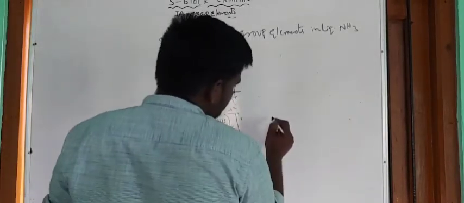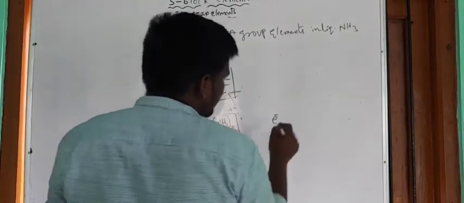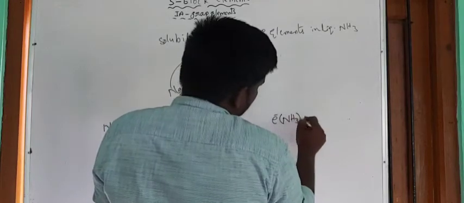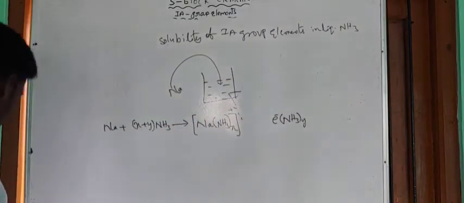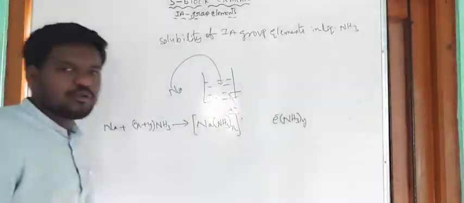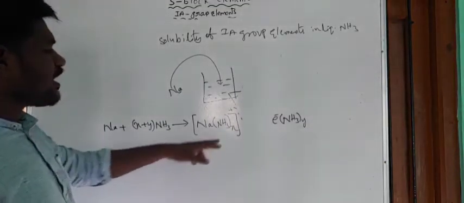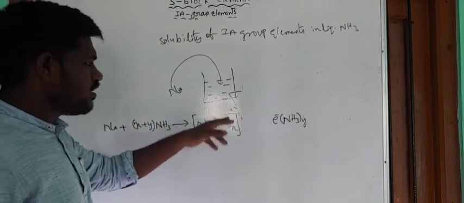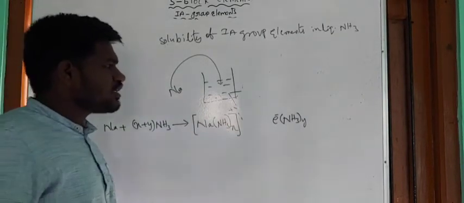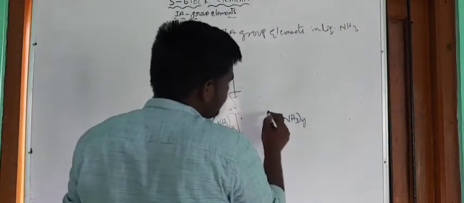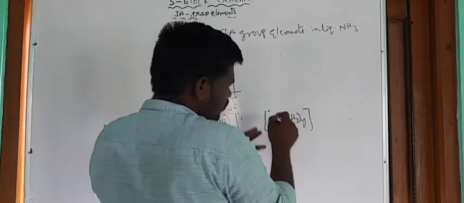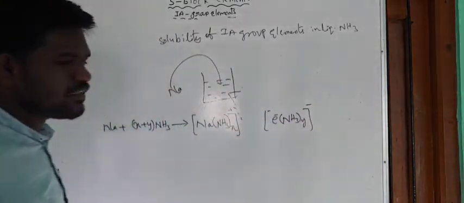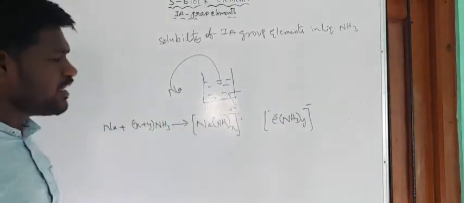Now the lost electron is also coordinated by y moles of ammonia. Here x and y are positive integers, maybe 1, 2, 3, 4, whatever. So this electron carries a negative charge. It is a free electron here.